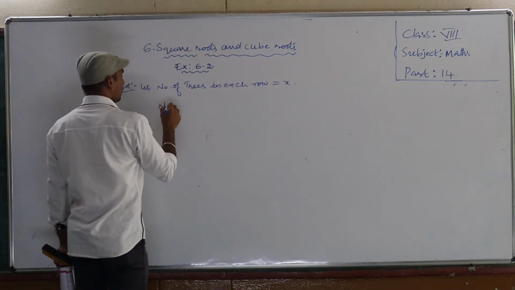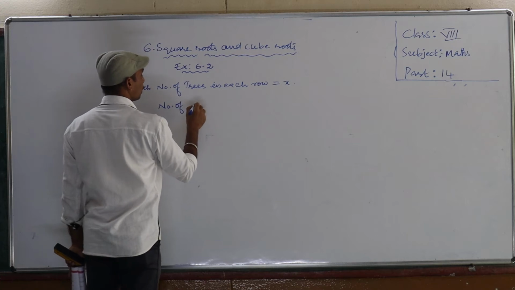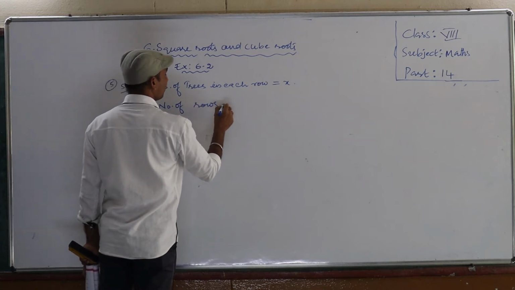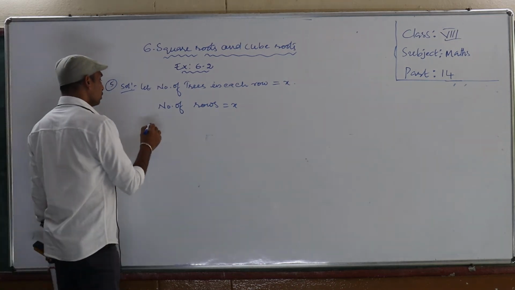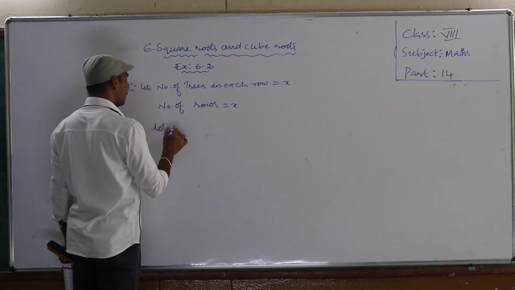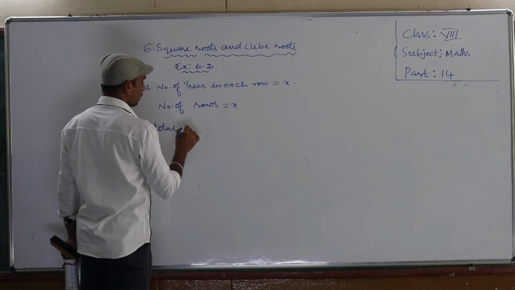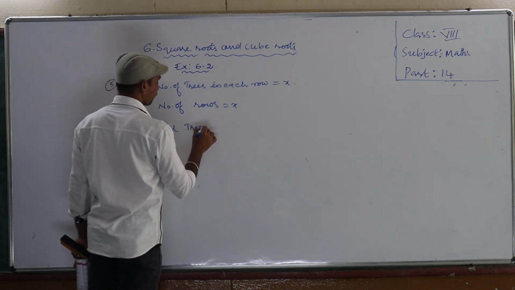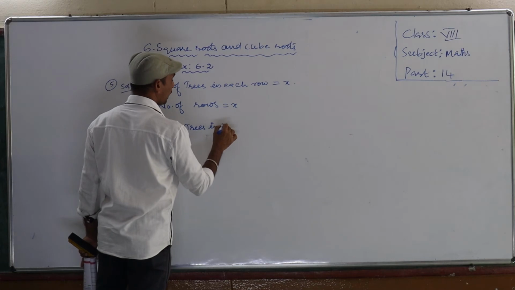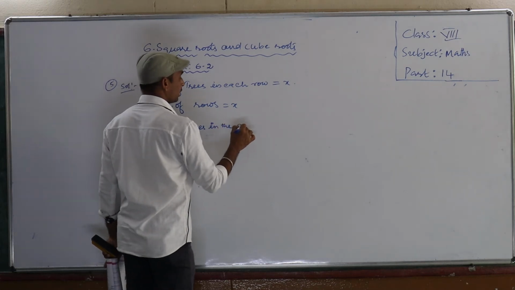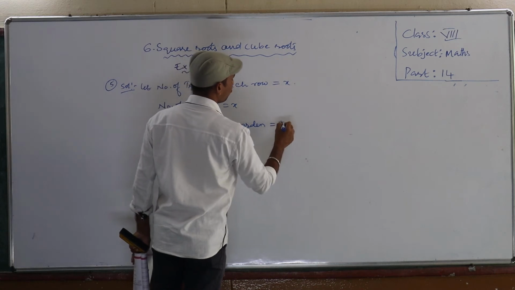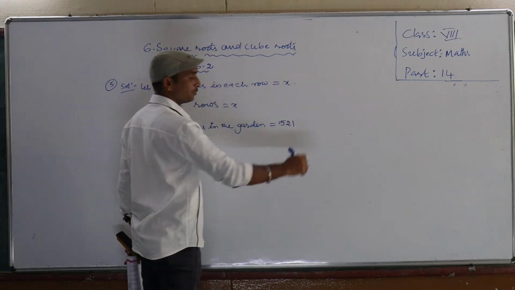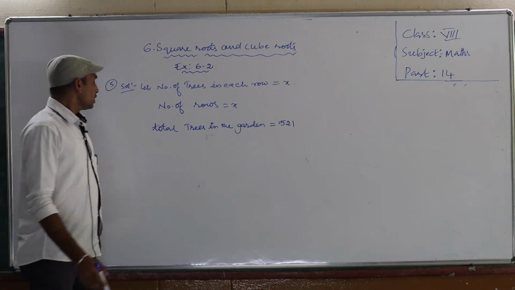Then the number of rows is also x. Now the total trees in the garden are given as 1521.